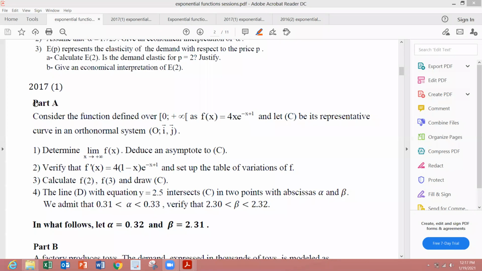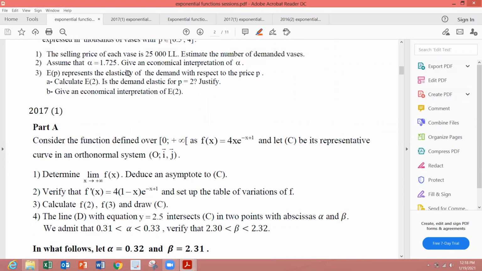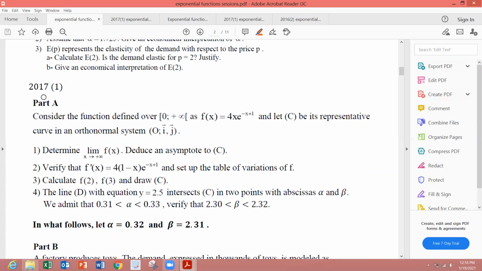Okay, part A. So 2017, part A, we have the function defined over 0 plus infinity as f(x) equals 4x e to the power minus x plus 1, and C is its representative curve.